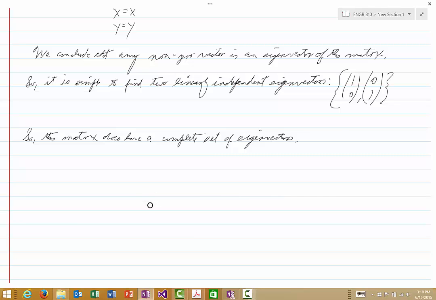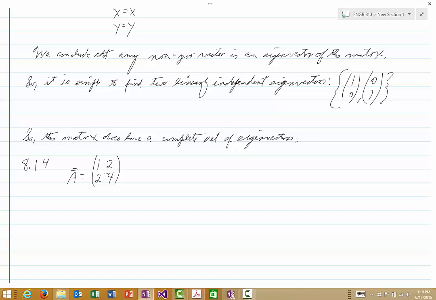This is 8.1.4. And the matrix in this case is A equals 1, 2, 2, 4. I strongly encourage you to stop the video at this point and try to find all the eigenvalues and eigenvectors yourself, and then come back and let's compare.